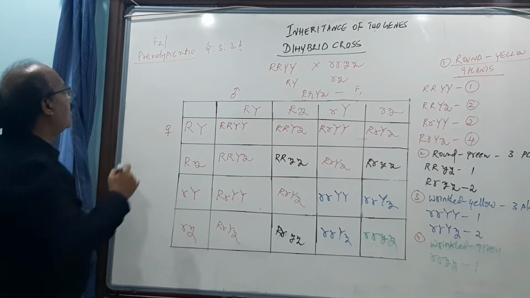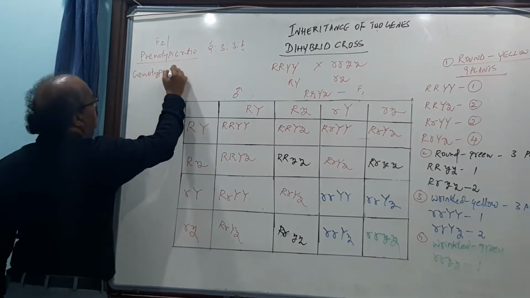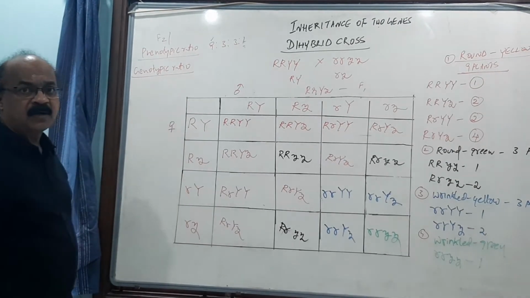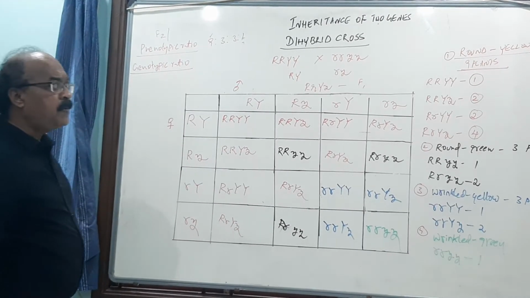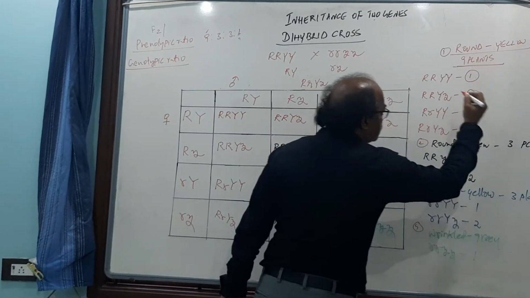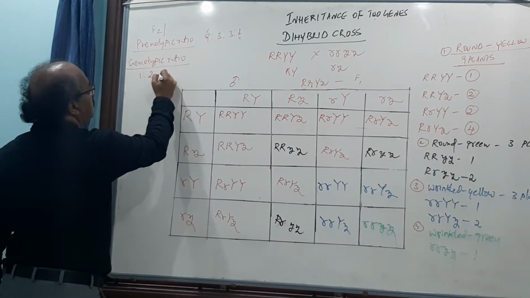Recombinations. Coming to the genotypic ratio. Genotypic ratio in round and yellow is 1:2:2:4.